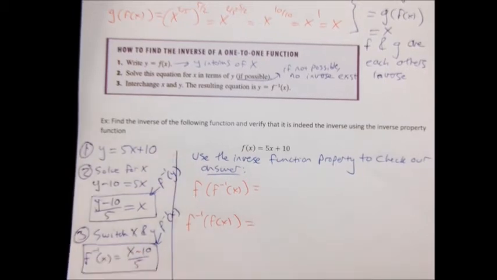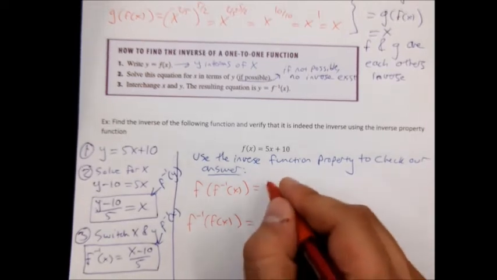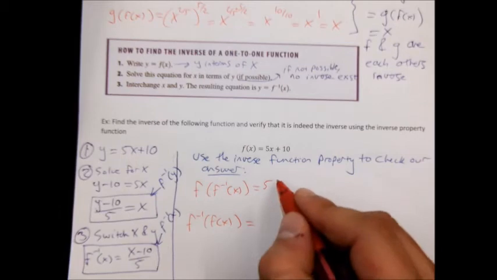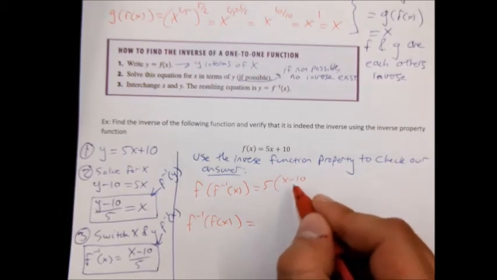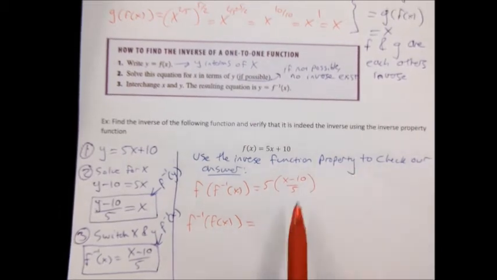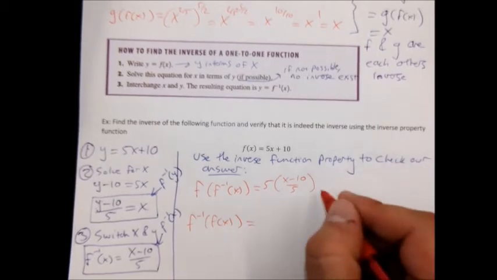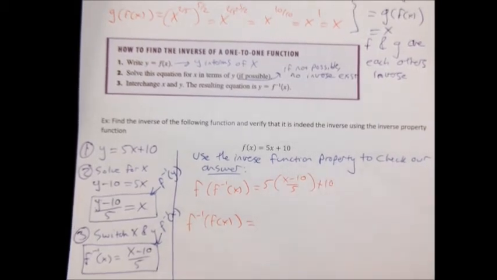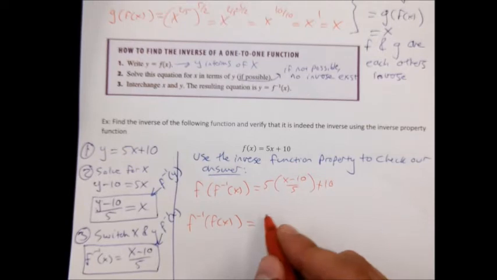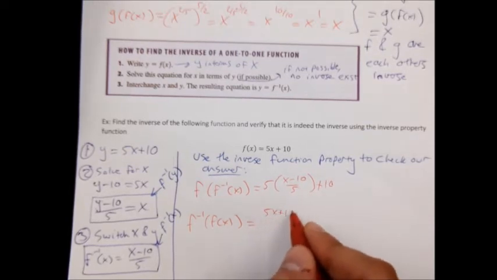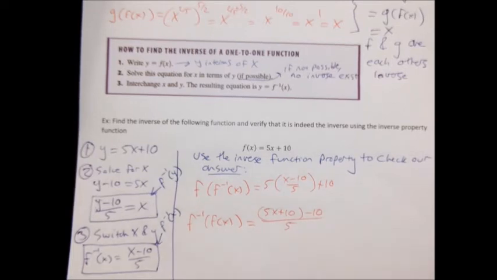All right, see if that works out. It should cancel down to x. We did this one right, so it should cancel. If you're still confused, I'll just write the first step down. That's plugging the inverse into the function, plus 10. And then plugging the function into the inverse would look like this. Take a minute and simplify that down. Everything should cancel, and we should just get x out.